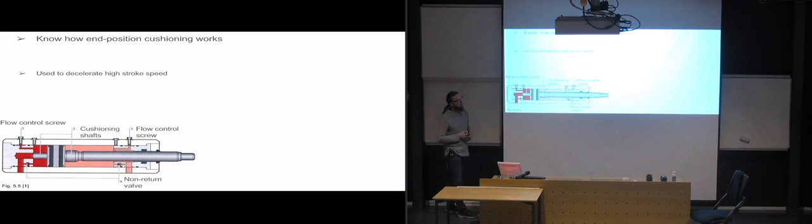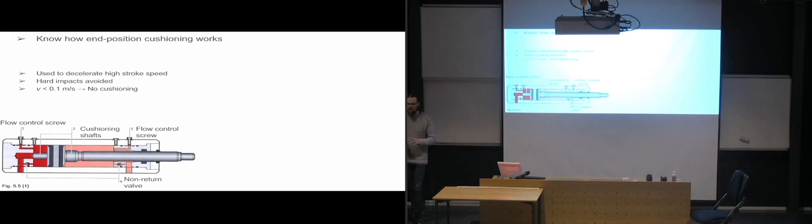So we decelerate the high stroke speed, so even though the piston is moving very quickly outwards, it's going to decelerate as it hits those last couple of millimeters or centimeters, depending on how it's designed. So then it's going to slow down at the end so that it doesn't hit it all that hard. So you avoid the hard impacts.